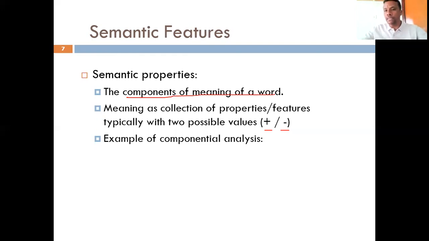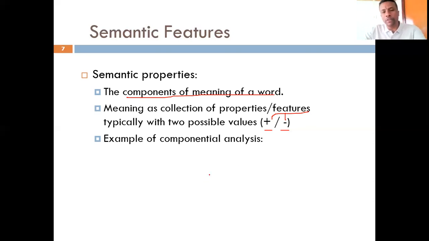Beyond the dictionary meaning, semantics has the possibility to capture many components of meaning for a single word. You can collect many features and associate them with a word using a plus or minus sign. If you associate a feature with plus, the property is possessed by that word. If you associate it with minus, the property is not possessed by that word.